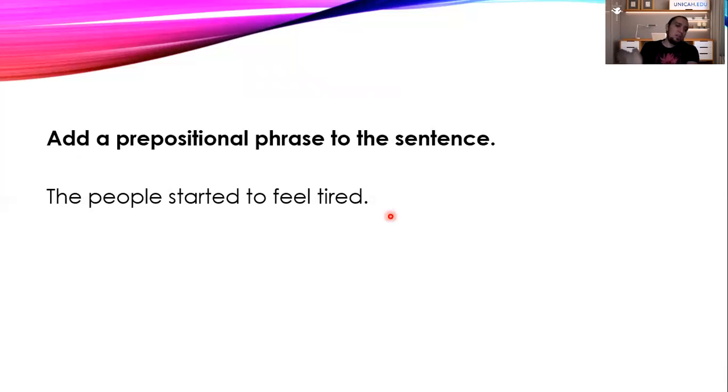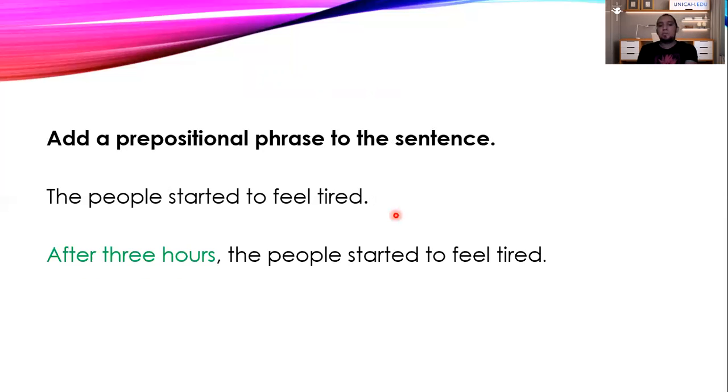So we can use after 3 hours, the people started to feel tired. Let's imagine a concert. 3 hours standing in a crowded place, maybe it's something tiring. So we have here that after 3 hours, the people started to feel tired.